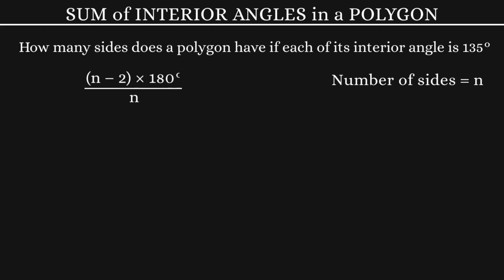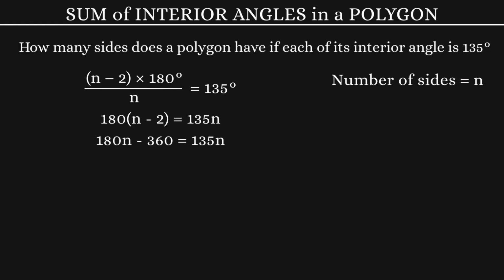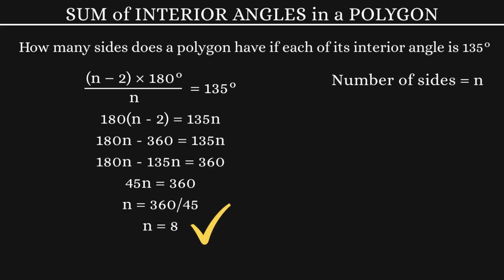So (n minus 2) into 180 divided by n is equal to 135. 180 into (n minus 2) is equal to 135n. 180n minus 360 is equal to 135n. From here we get 45n is equal to 360, or n is equal to 360 by 45, which is 8. So the polygon will be an 8-sided polygon, also known as the octagon.